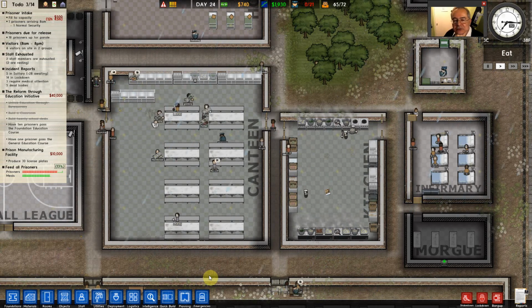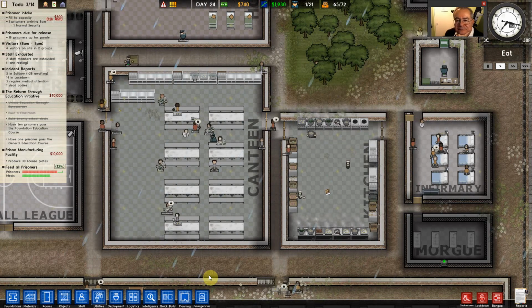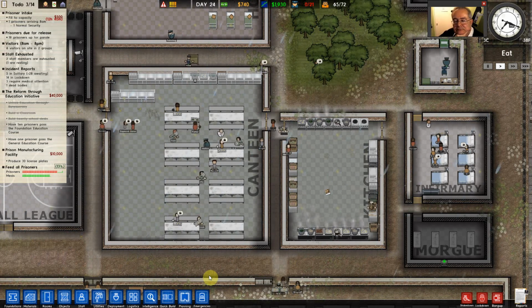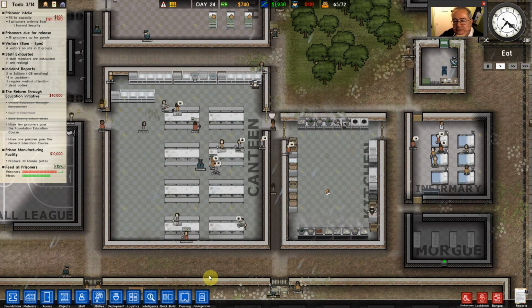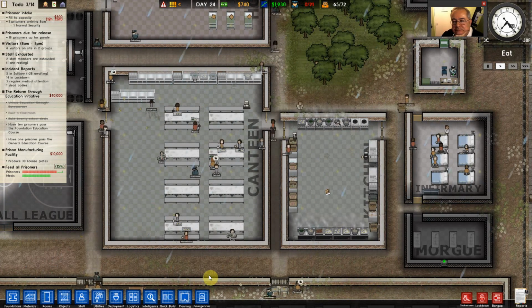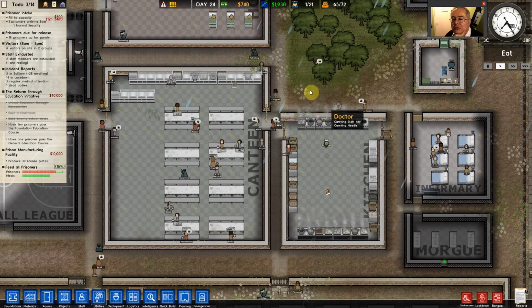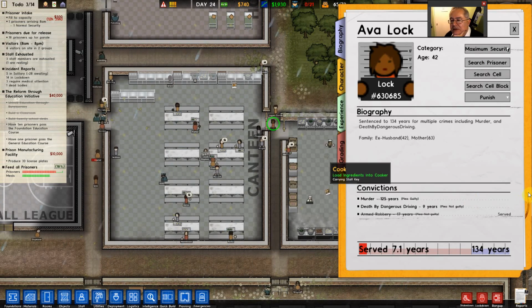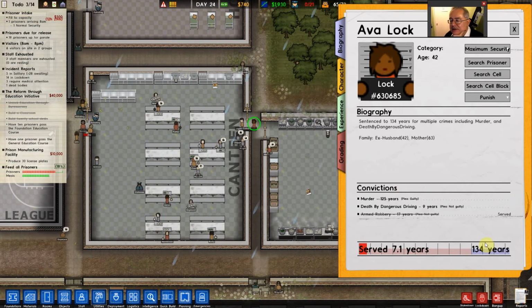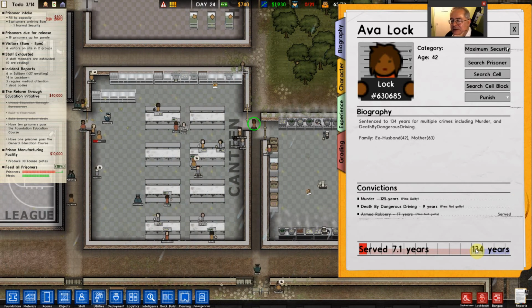And we've got some food at last. And so if I click on this prisoner, am I able to say, escort this prisoner? No. Served 7 out of 134 years.